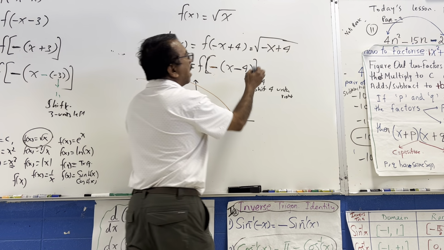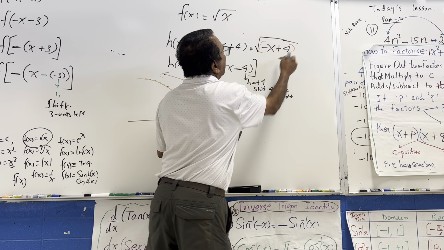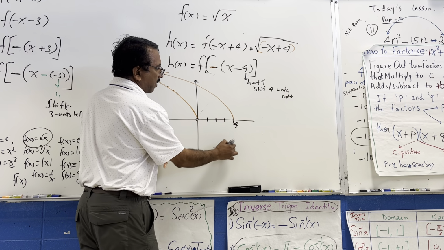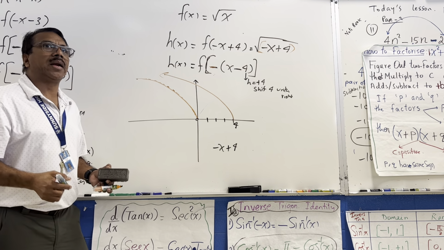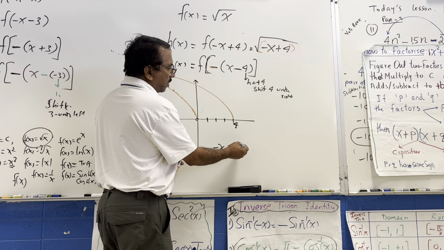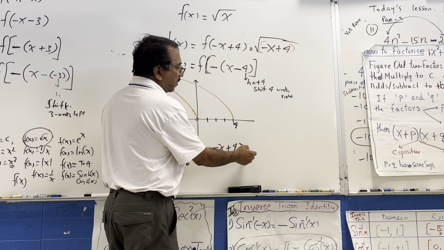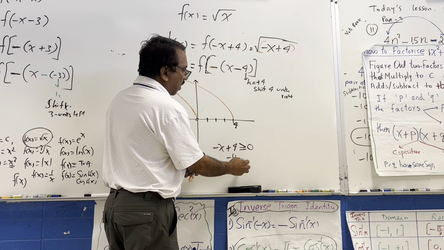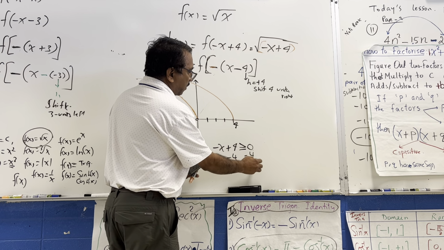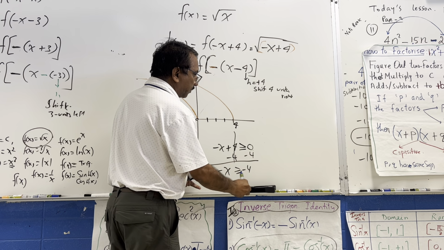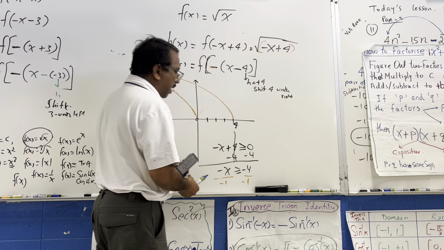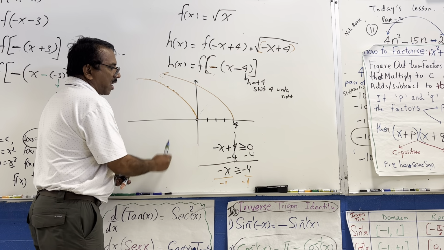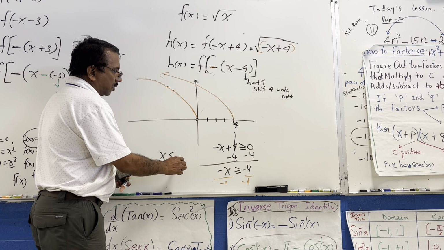You can see the inside, the radicand, is negative x plus 4, and this is about the domain. You can't have a negative in the square root sign, so this has to be either positive or 0. So you solve for x, subtracting 4, you get minus x greater than or equal to minus 4, and when you divide by minus 1, the sign changes and you get x less than or equal to plus 4.